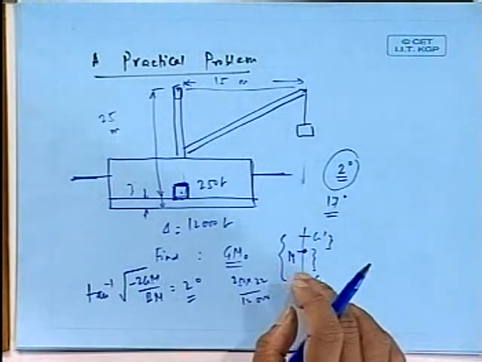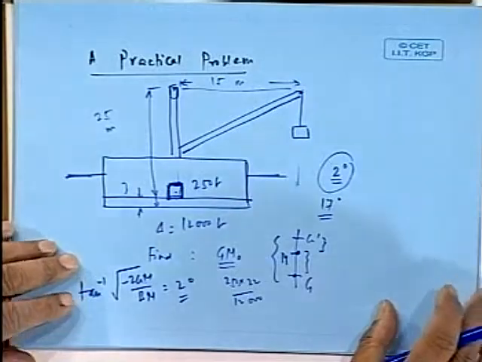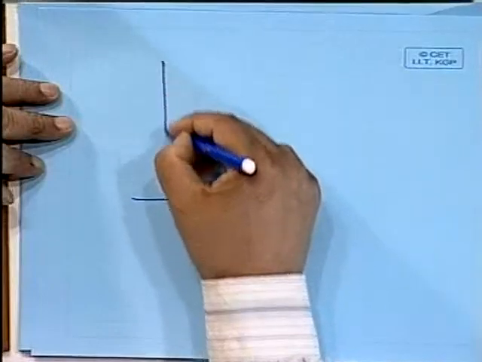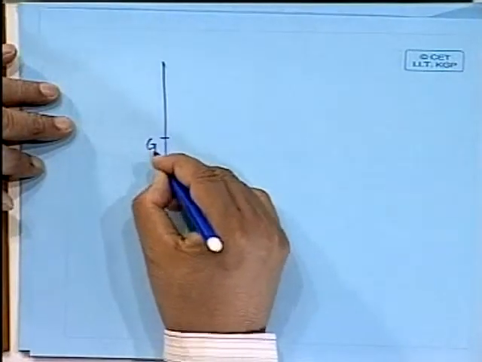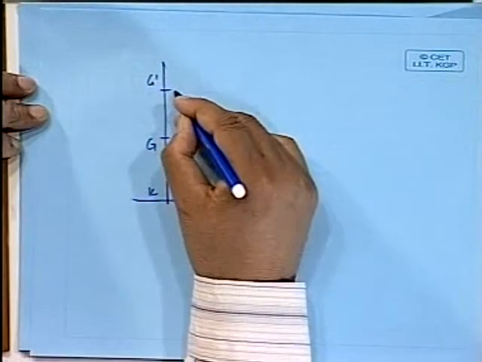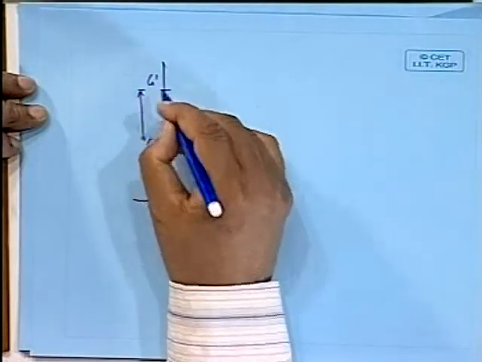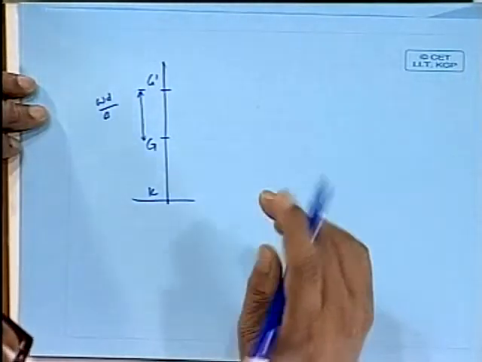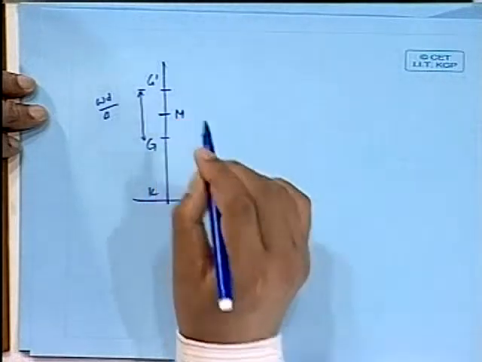Now, did you get my point here? What we have done, I will just try to show again in a different way. I have this line here, I have this line here. Initially I have a G here, this is K here. It has raised to G dash. This much I know now, that is W d by this much I know how much it has raised. M is somewhere here.